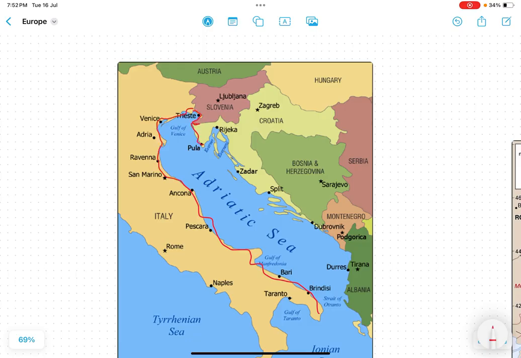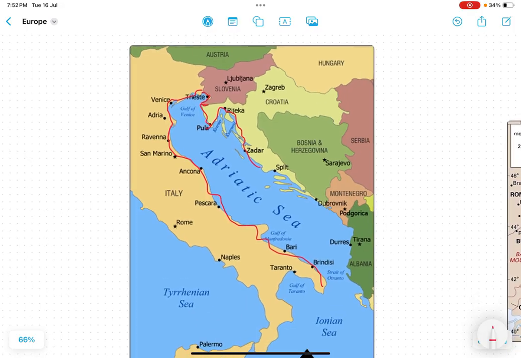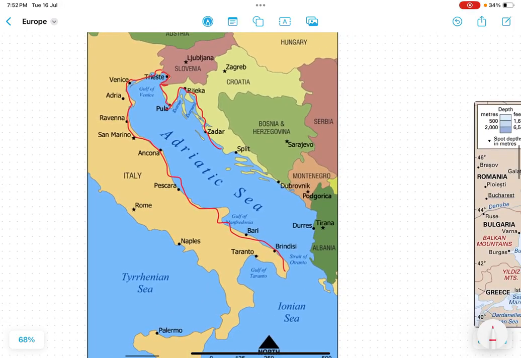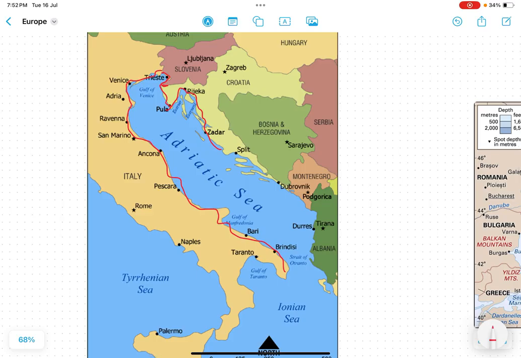Then we have Croatia. We have a little bit of Bosnia and Herzegovina right here, a little bit on the sea. Then we have Montenegro, and we have Albania.